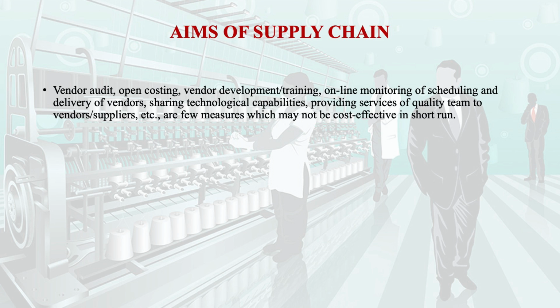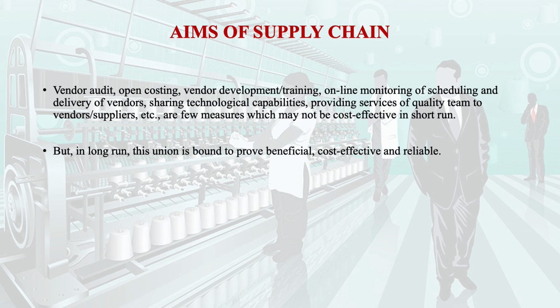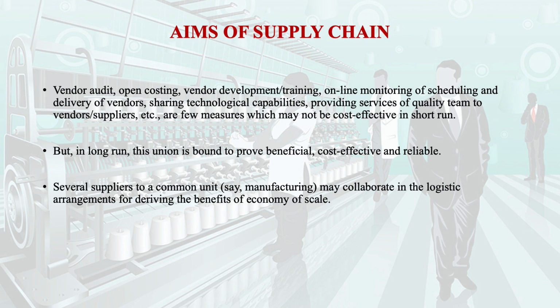These are a few measures which may not be cost effective in the short run, but in the long run this union is bound to prove beneficial, cost effective and reliable. Several suppliers to a common unit may collaborate in logistic arrangements for delivering the benefits of economy of scale. Subcontracting among themselves may also be beneficial in many instances.